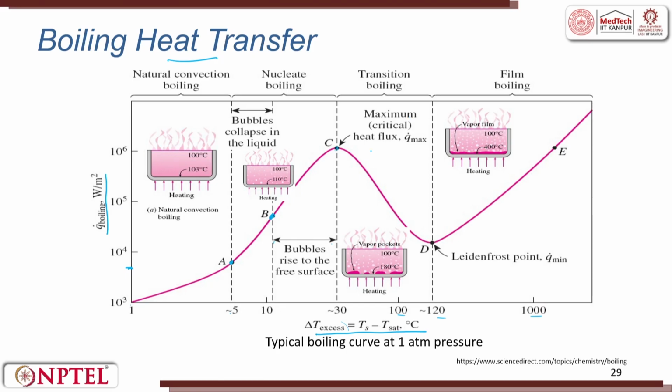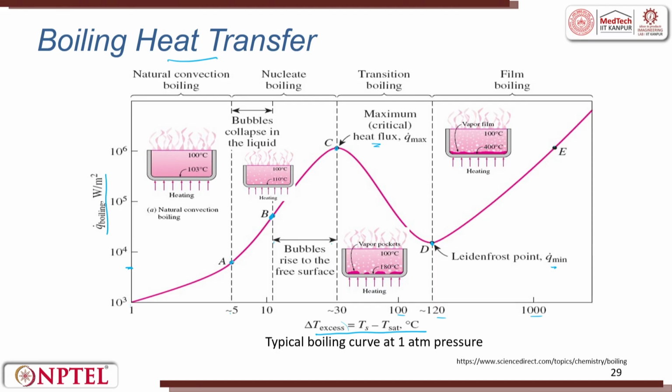So, the maximum critical heat flux will be Q max at this point. Then after this transition boiling, there will be a drop. Here the vapor pockets are getting formed up to D. Then D is the Leidenfrost point, Q min, which is there before it goes to E.